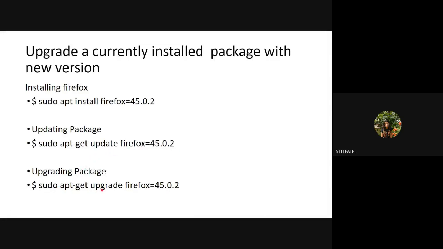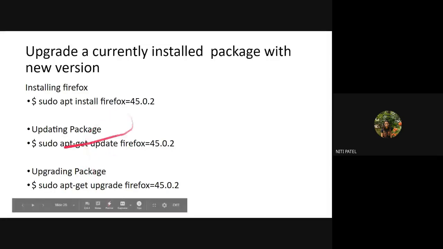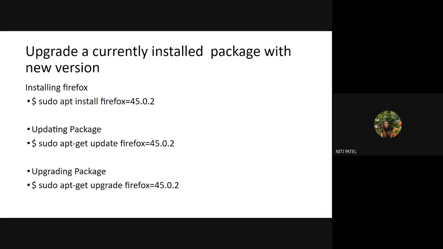So whenever I want to upgrade any application, I first have to update the application and then I have to upgrade. Update means bring that, and upgrade means shift from the old version to the new version.